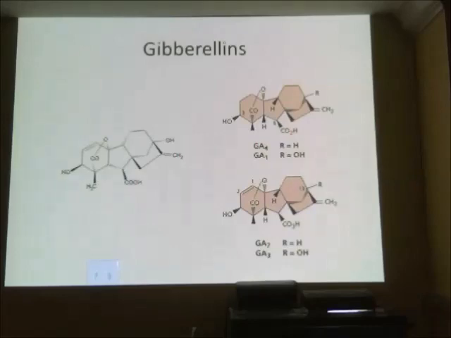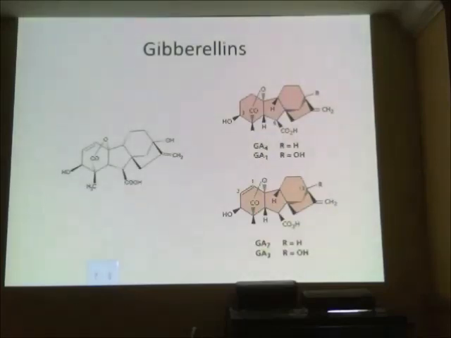And oxidation of, although this one isn't shown, gibberellic acid 2 oxidation in barley is decreased by indole acetic acid, while this compound here, GA3 oxidation, is actually increased. Ethylene, the other PGR that I'll be talking about a little bit later, decreases the concentration of all the gibberellic acids.